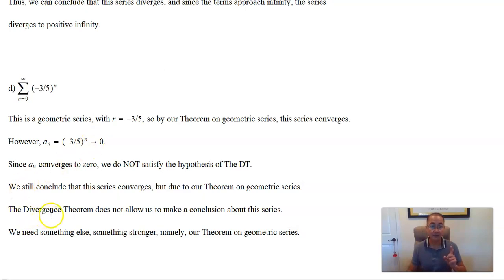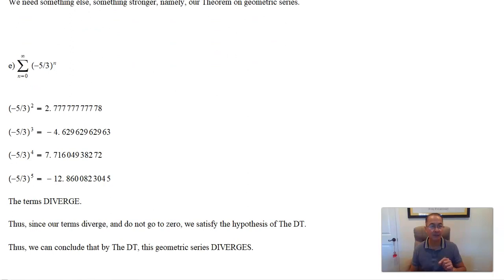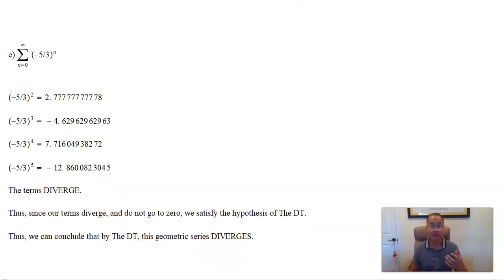The divergence test does not allow us to make a conclusion about the series. We know about it using something else, but not the divergence test. Other geometric series, but this time the terms simply diverge, not to infinity or negative infinity, so we can conclude that the series diverges.